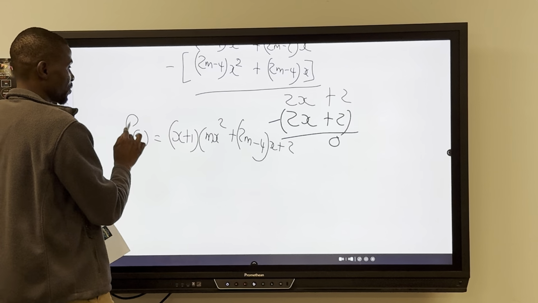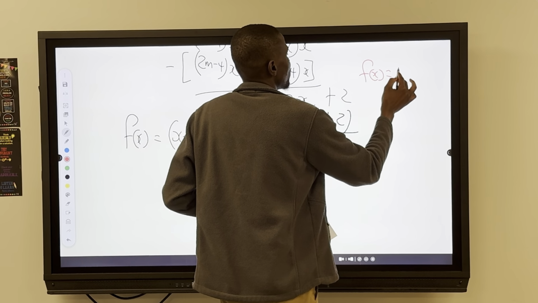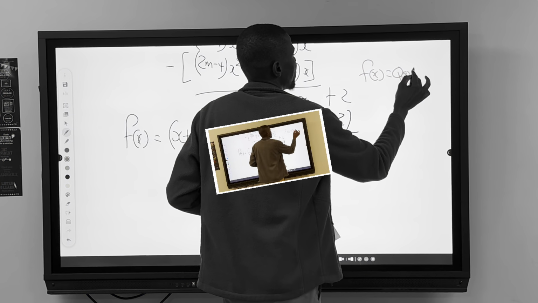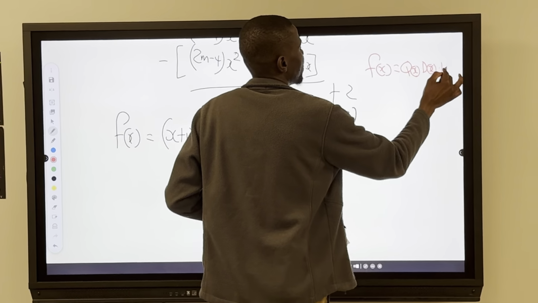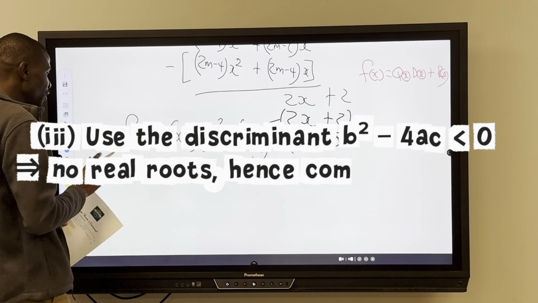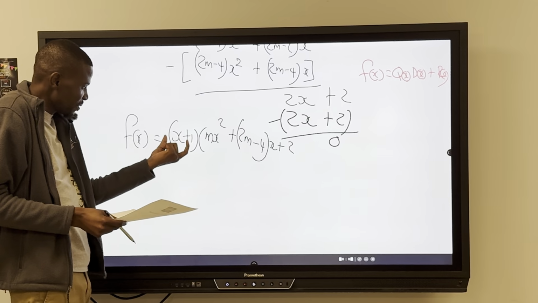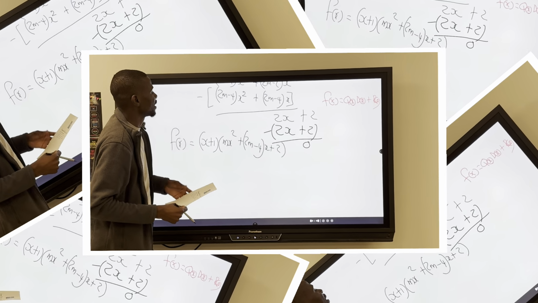Remember, if you want to write this function, it's going to be f of x is equal to quotient times divisor plus our remainder. All right. So now, since it has only one real root, the answer is that one, right? Means that this quadratic factor has no real roots.